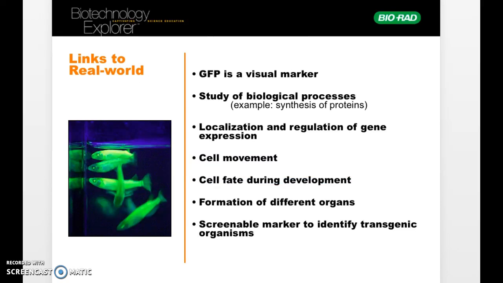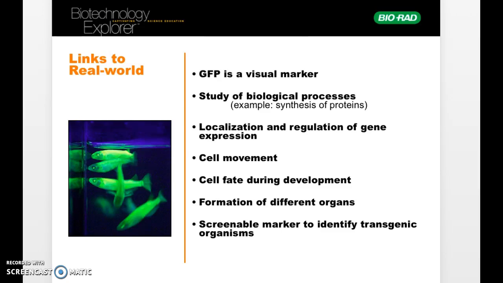So what is GFP? GFP is one very important part for our lab. The GFP is a visual marker that's naturally produced in some squid and octopus and jellyfish kind of animals. And the one that we're going to be using comes from a type of jellyfish.